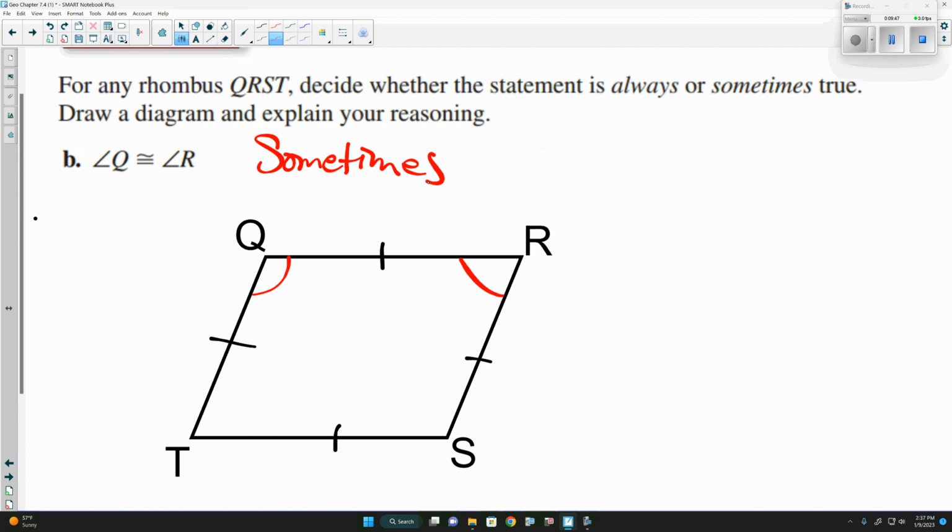If it is a square, what would the values of Q and R be? For these to be congruent, they would have to be exactly 90 degrees, because of the properties of parallelograms, the consecutive angles together are 180. So does this make sense so far?